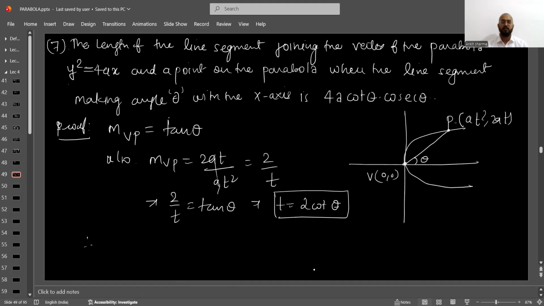So therefore, vertex V is 0, 0. And P becomes (at square, 2at), so this turns out to be 4a cot square theta and 4a cot theta. Now, I want to find out VP.